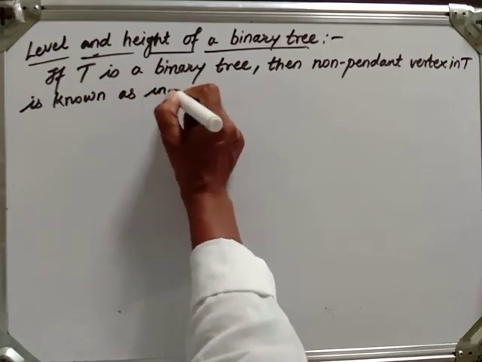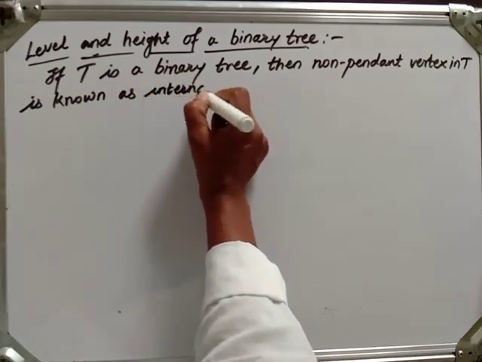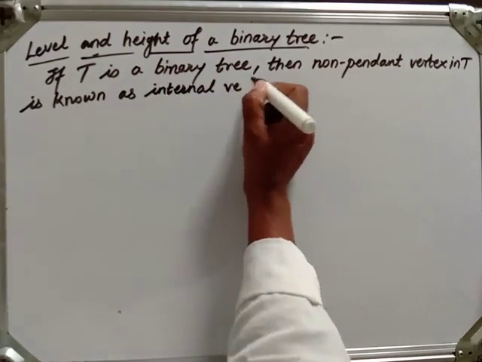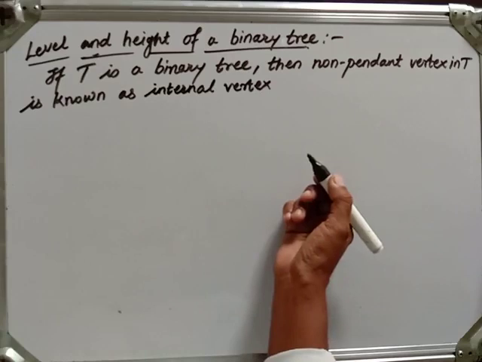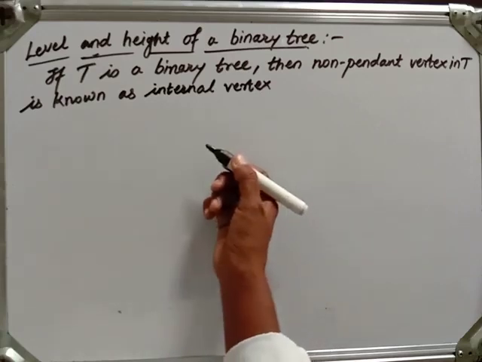Non-pendant means of degree 3 is known as an internal vertex, because a vertex having degree 2 is known as a root. Other vertices are pendant vertices and of degree 3.